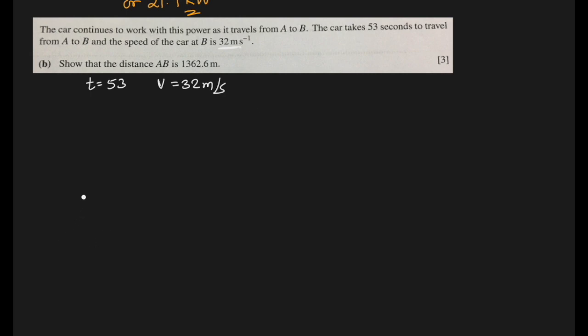So first we have to find work done. We know work applied is equal to work done by resistive force, plus change in potential energy, plus change in kinetic energy. We don't know the work done by applied force, but we know that power is work done over time.